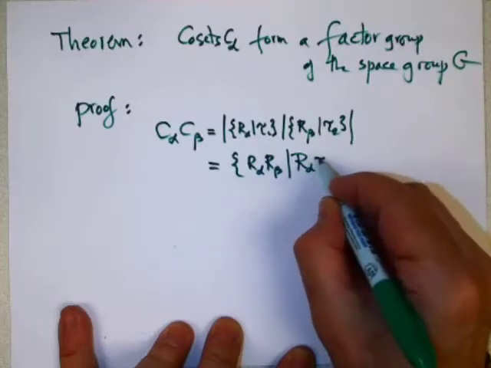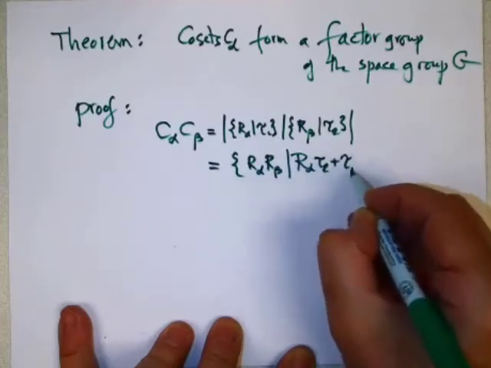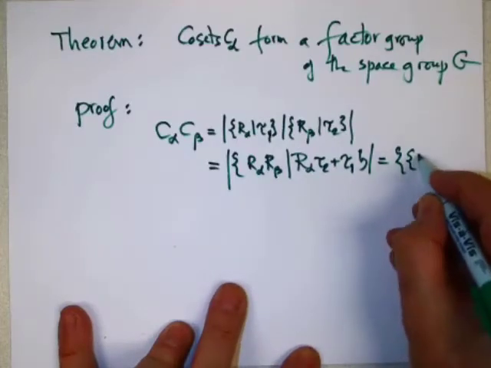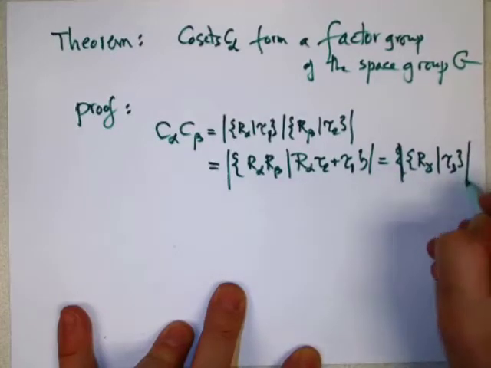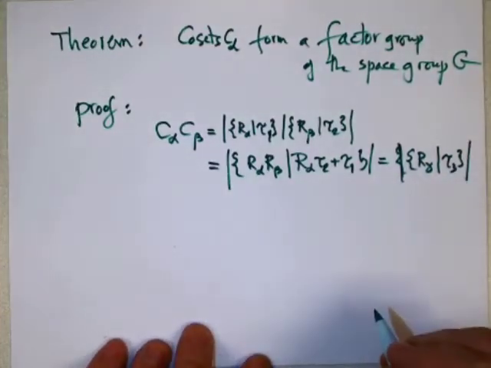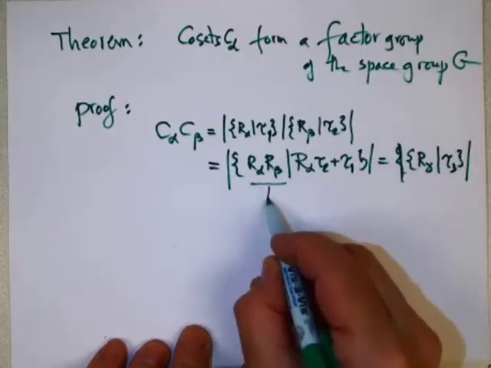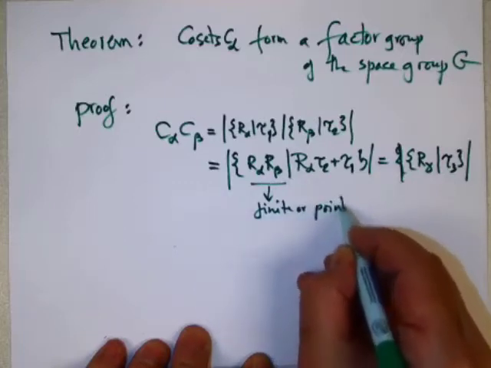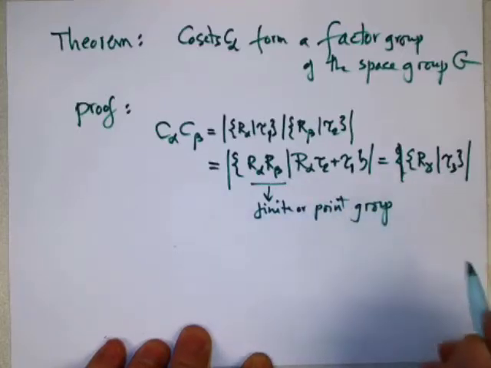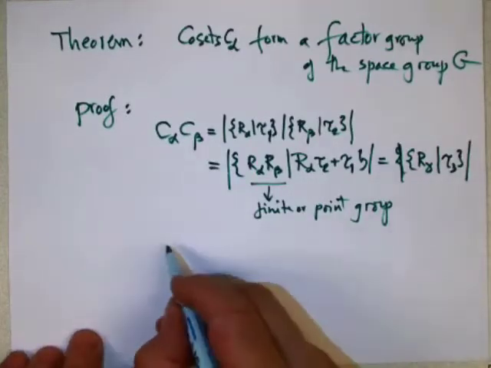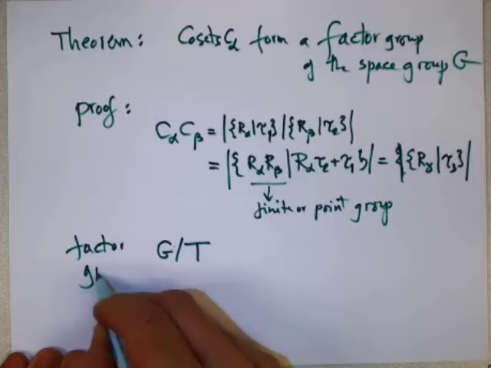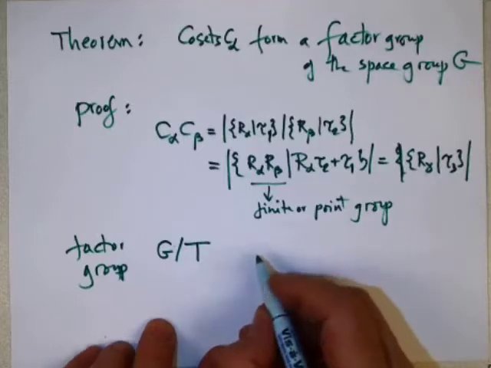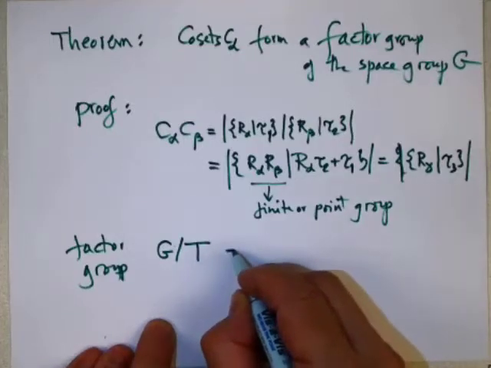But then we get rotation on the second element. And when we run over all possible translations on the lattice, we get our finite point group. And that enables us to define a factor group, which is a finite point group, with translations quotiented out. And that group, with finite number of elements, because there's a finite number of cosets we will find, is a finite group of kind that we know.